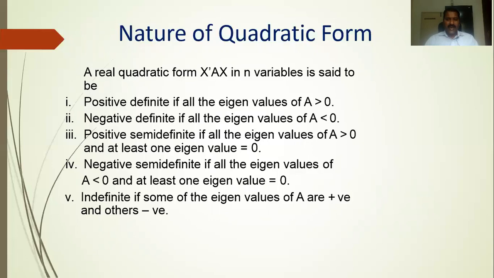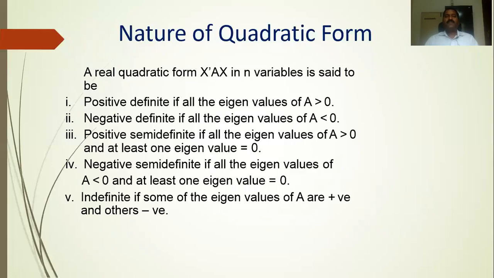If at least one of the eigenvalues is 0 and the remaining are greater than 0, then we say that it's positive semi-definite, right? For example, lambda equal to 0, 2, 3. One eigenvalue is 0 and the remaining are greater than 0. So we say that it's positive semi-definite.